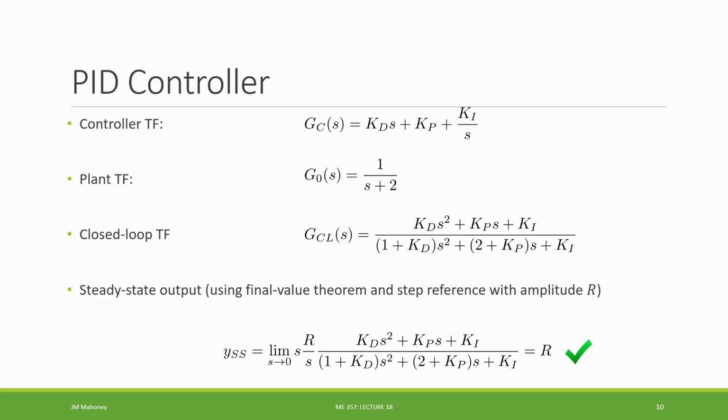It is possible that we could choose values of Kd, Kp, and Ki which would make those poles not all in the left half plane and make our controller unstable. That's a distinct possibility. So if we pick the 3 gains such that all of the poles are in the left half plane, then we can say yes, the steady state error will go to 0. So it is not true for any Ki, Kp, Kd combination that we choose.